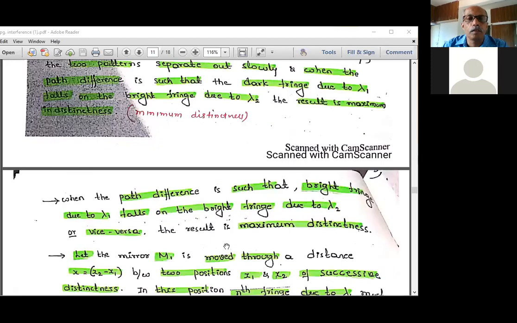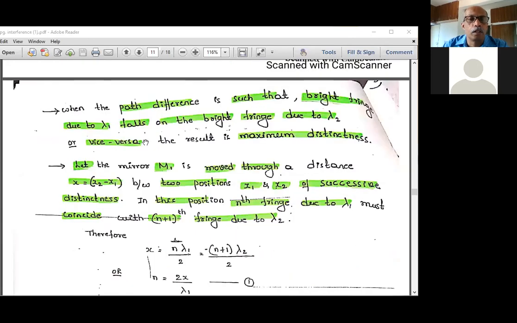Similarly, the movement of mirror M1 is continued such that the bright fringe due to lambda 1 coincides with the bright fringe due to lambda 2, or in other words, the dark fringe due to lambda 1 coincides with the dark fringe due to lambda 2. That is the case when the result is said to have the maximum distinctness.